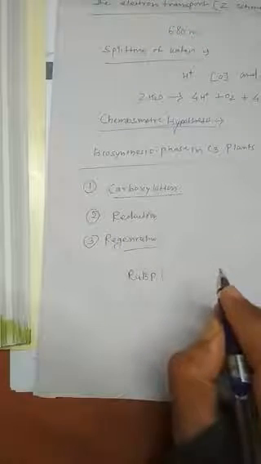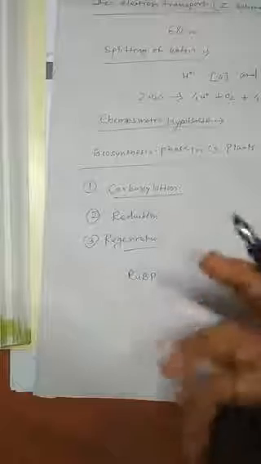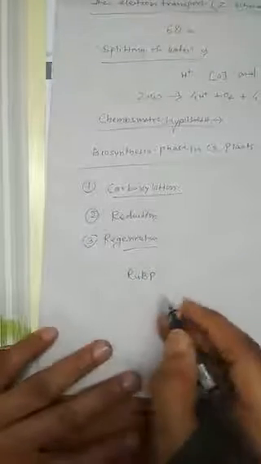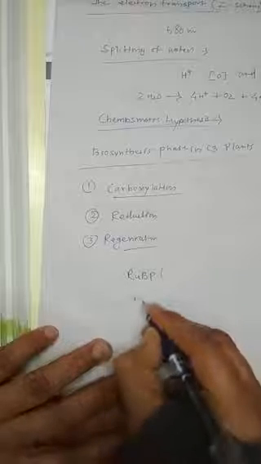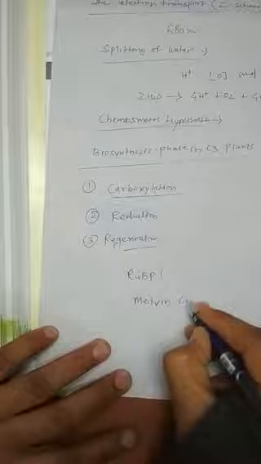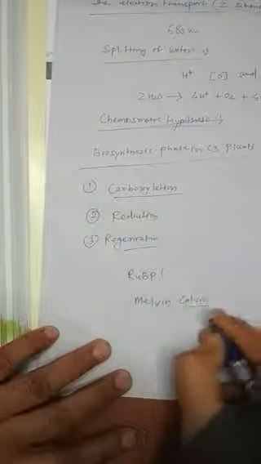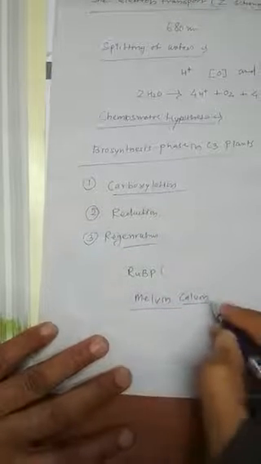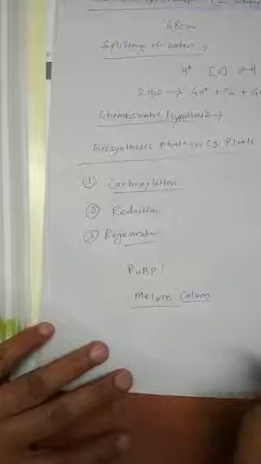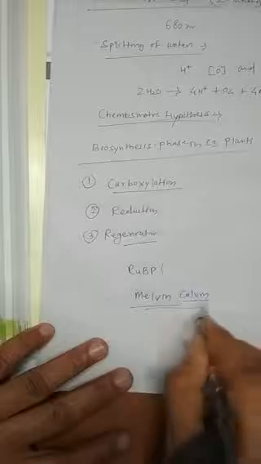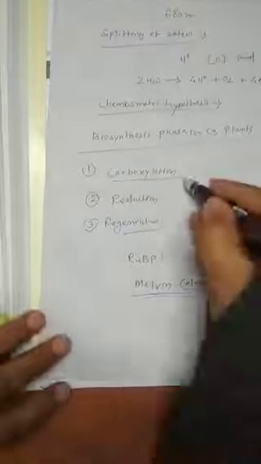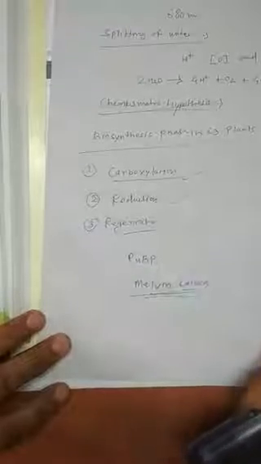The cyclic path of sugar formation is called the Calvin cycle, after Melvin Calvin. Who discovered this pathway? Melvin Calvin. And there are 3 main steps of the cycle.